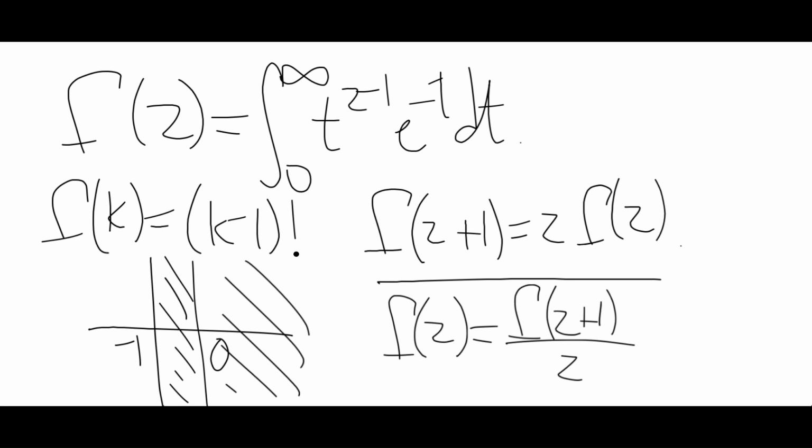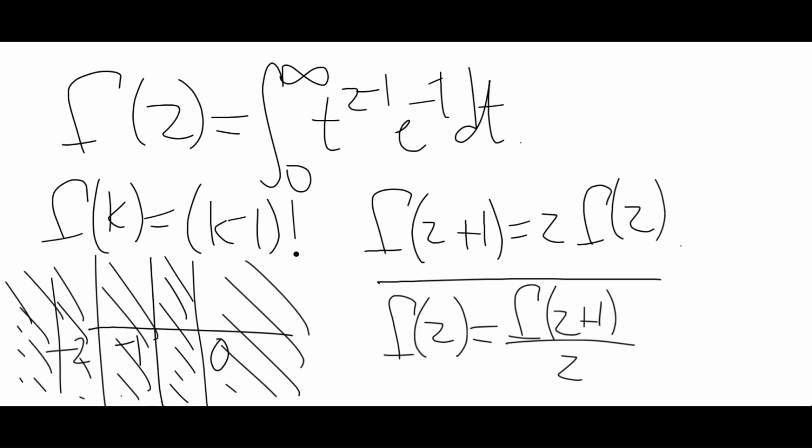So if you repeat this, you can extend it to numbers with real part bigger than -2, and then extend it some more until you get the entire complex plane. Well, almost, because you have poles at 0, -1, -2, and so on.